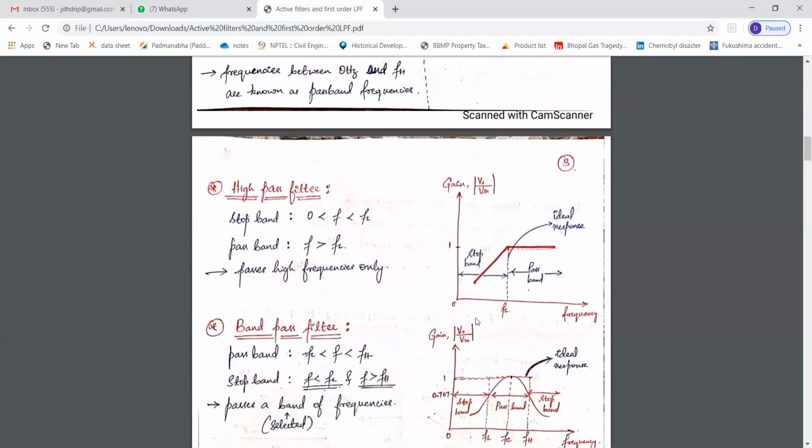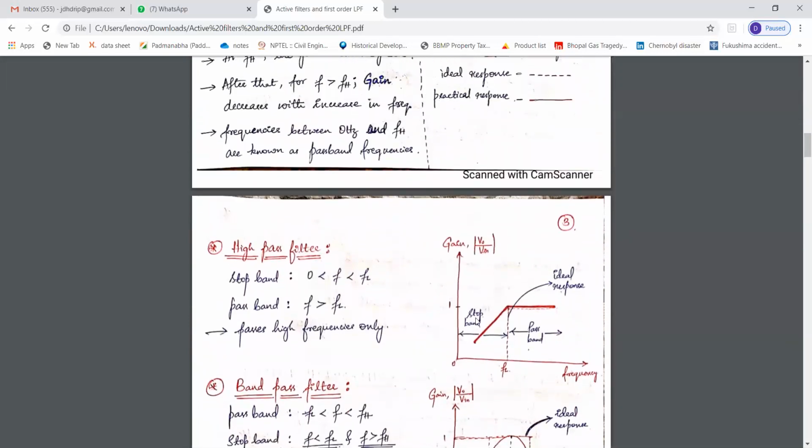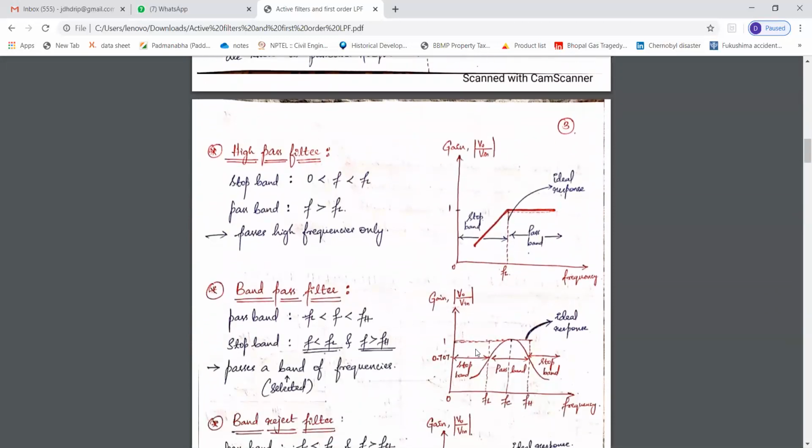Next we have the high pass filter. This is the characteristic curve for a high pass filter. You can see the lower frequencies are attenuated and the higher frequencies are passed by the filter. The curve indicated by dotted lines is the ideal response, and the straight line indicates the practical response of the high pass filter.